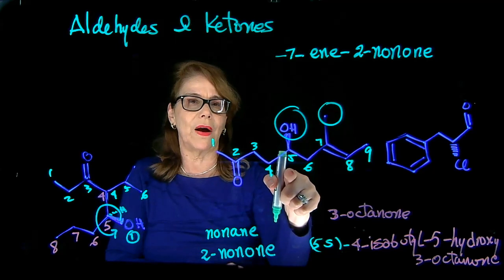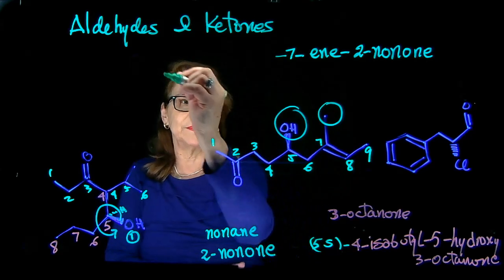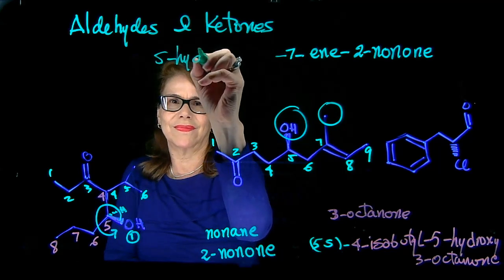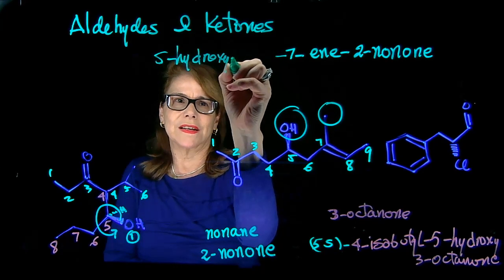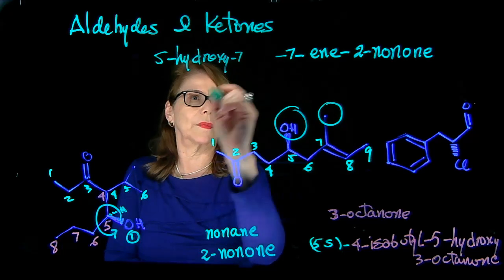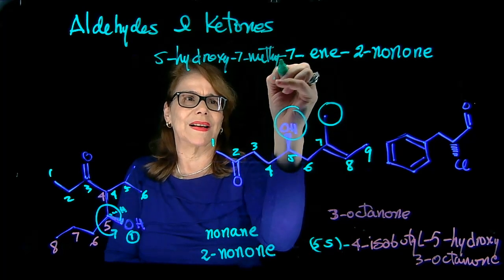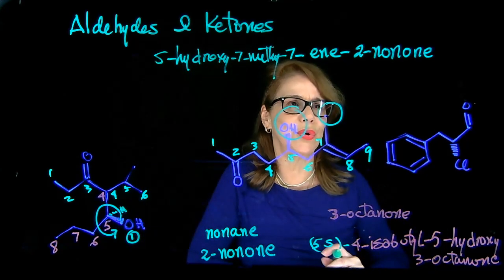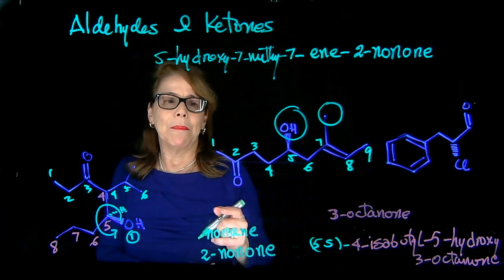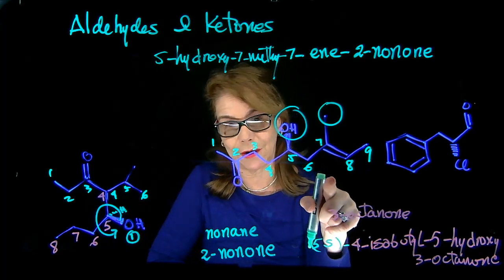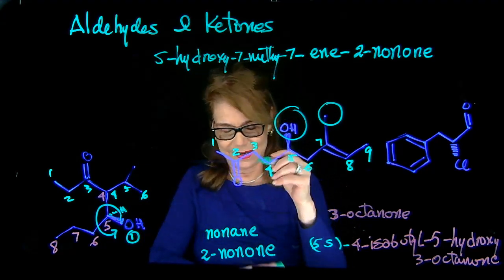So I'm going to say 5-hydroxy-7-methyl-7-nonen-2-one. Okay, but there is a chiral center, and I also need to determine the configuration of the alkene here.